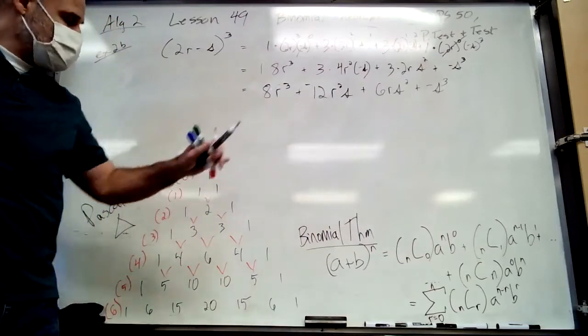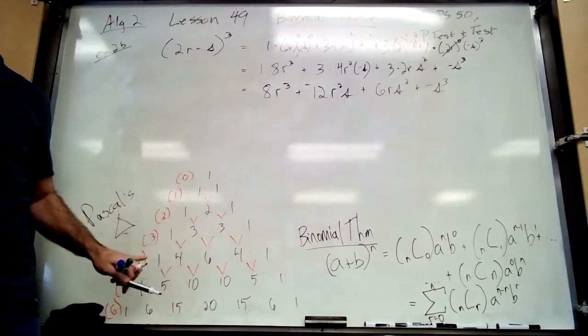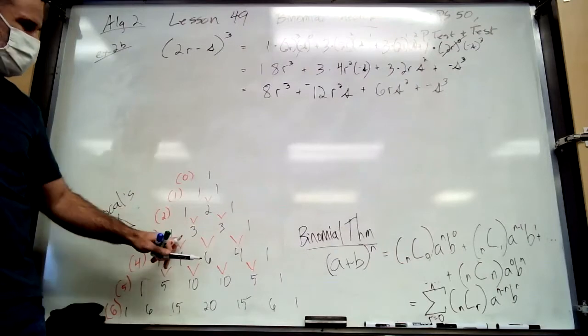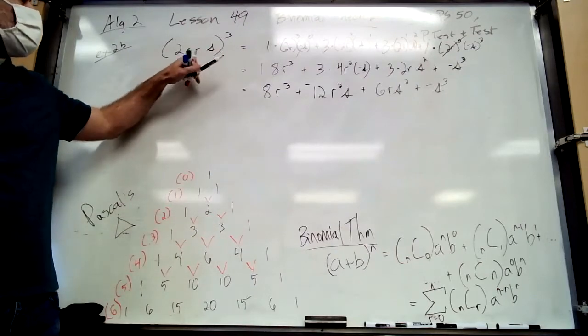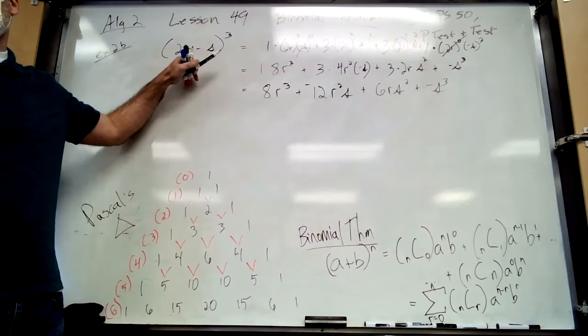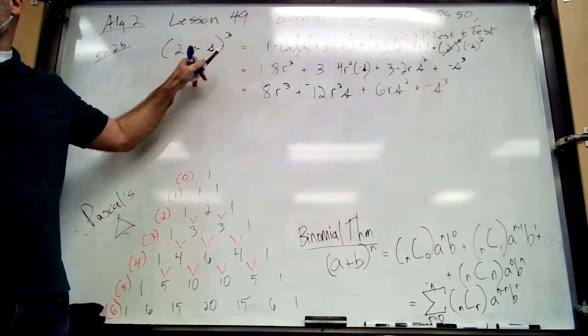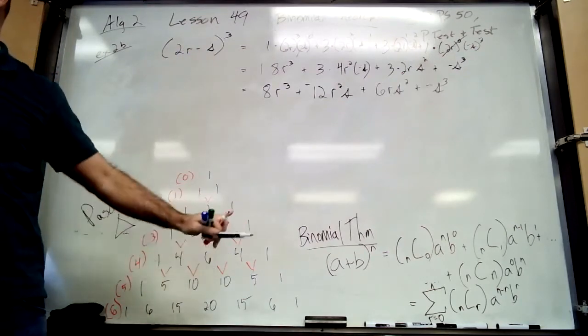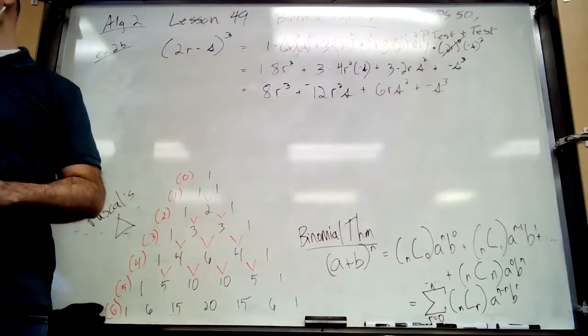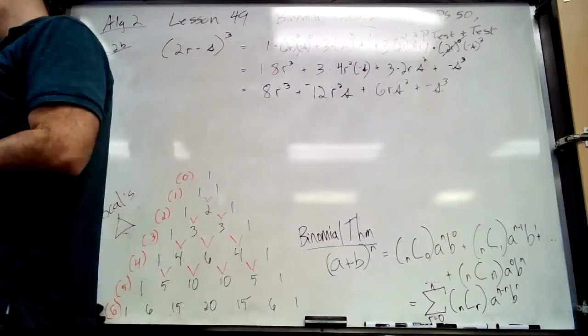So see how these numbers do not reflect these numbers, but they were multiplied because one of my terms had a coefficient in it. So if one or both have a coefficient in it, then these coefficients are going to be multiplied by those. So it's going to change the numbers.